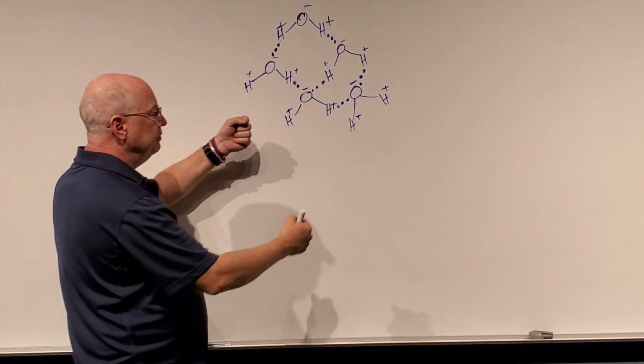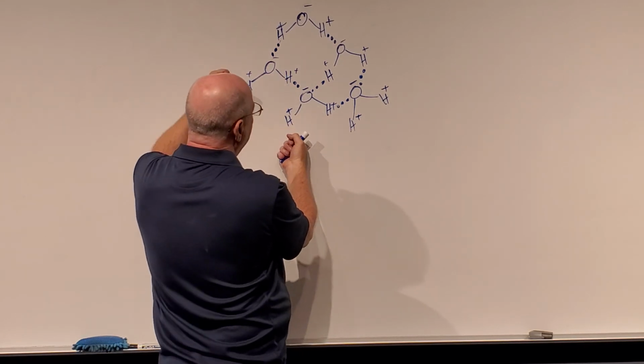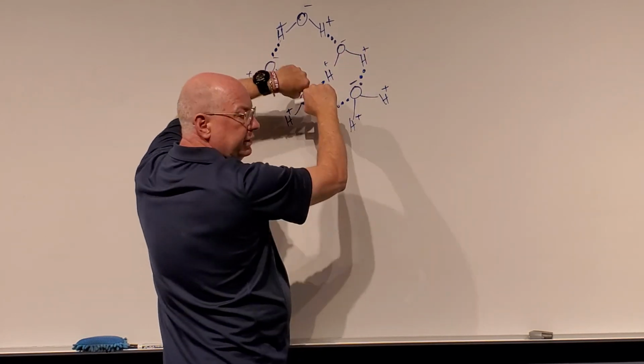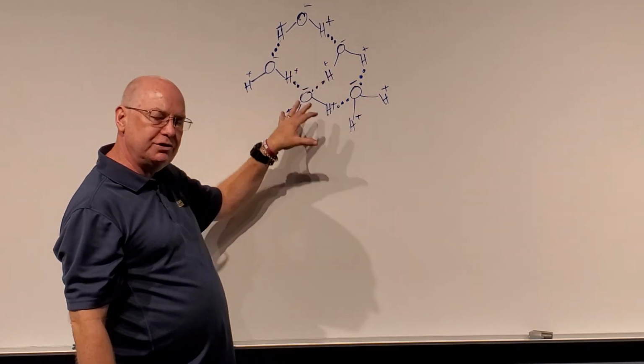Now the nice thing about these is that they can break, and this guy can move over here, and then move around, and they can all break and reorient. But because of these slight positive and slight negative charges, there is an attraction here.